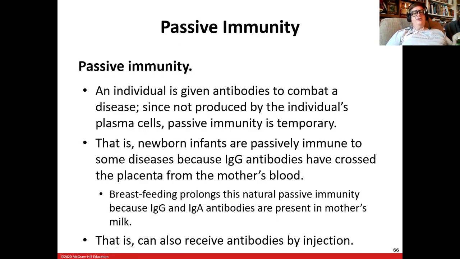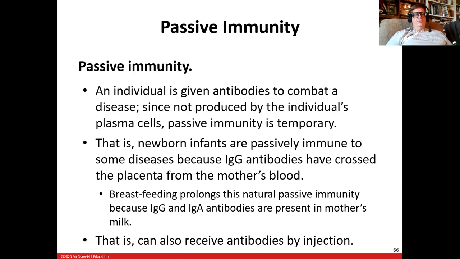Passive immunity is when you're given antibodies to fight a disease, because you're not making the antibodies yourself. It's temporary. The book's example of this is breastfeeding. I already told you the IgA, IgB, IgG antibodies that are present in the breast milk.